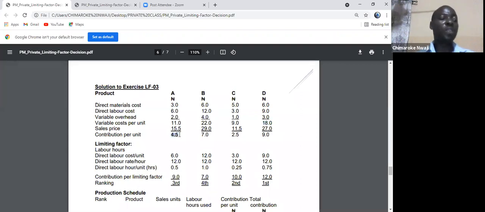So don't be surprised that because I didn't put brackets, you think everything is addition. No. Sometimes even when you don't put brackets, you can still do your subtraction and you still score your full mark. Another student could decide to put sales price up first and underline it.